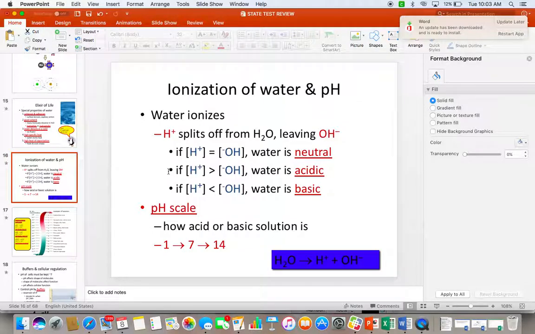If we add something into water and extra hydrogens are released and we have more hydrogens, then we have an acid. If we put something in water and we end up with more hydroxides, then we have a base. And so the pH scale tells us what we have. So 7 is neutral. Anything above 7 is a base. Below 7 is an acid.